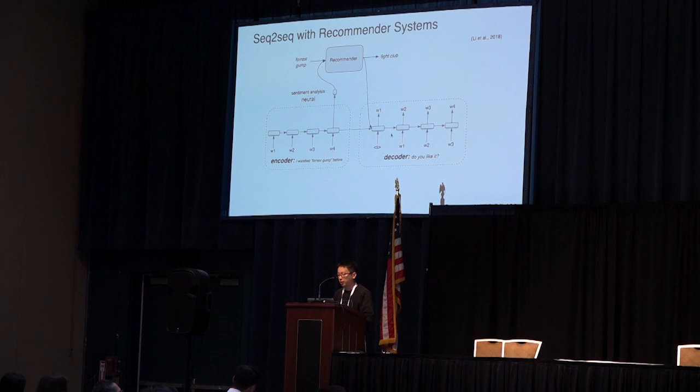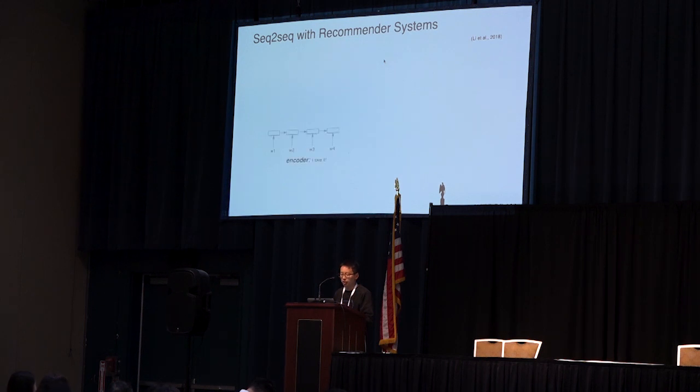However, on the decoder side, the module finds out there is no sentiment in the user input. The decoder decided to throw a follow-up question, do you like it or not? And throw away this recommendation.